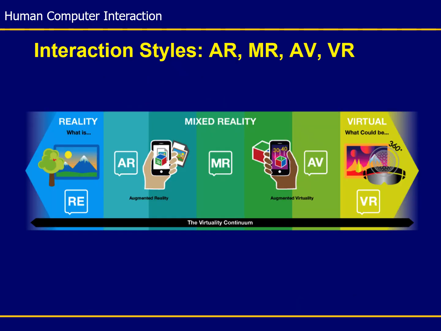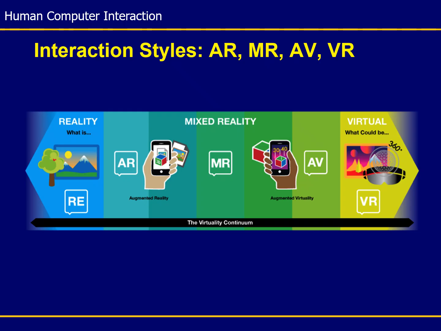Now, let's look at the whole spectrum. We have covered augmented reality, we have covered augmented virtuality, and we have covered mixed reality. So on a spectrum, VR is at the far right end, where everything is virtual. And on the far left, you have reality, the real thing, real life.